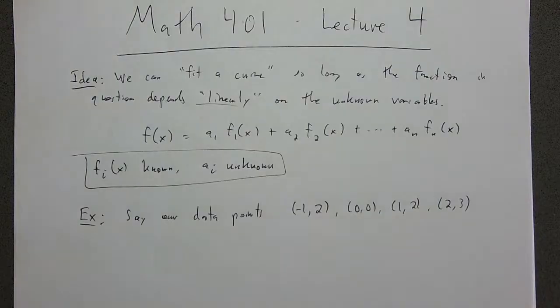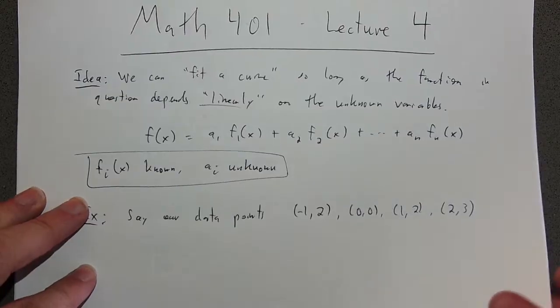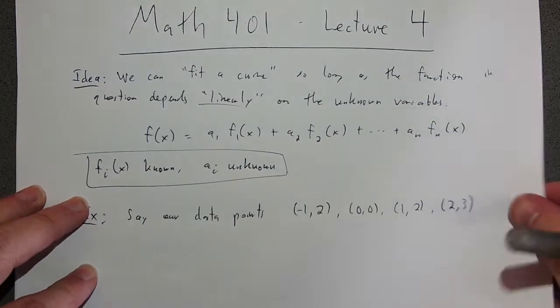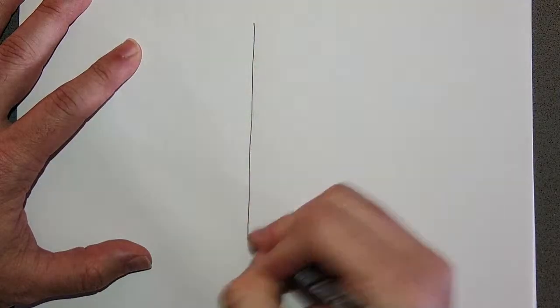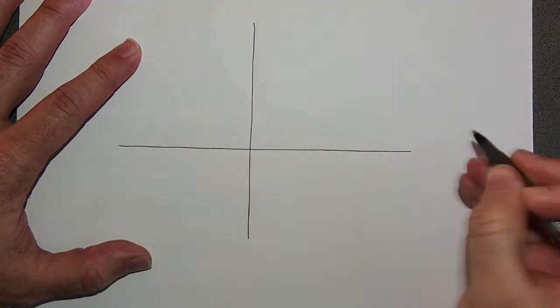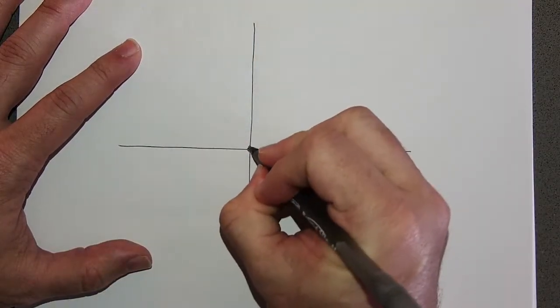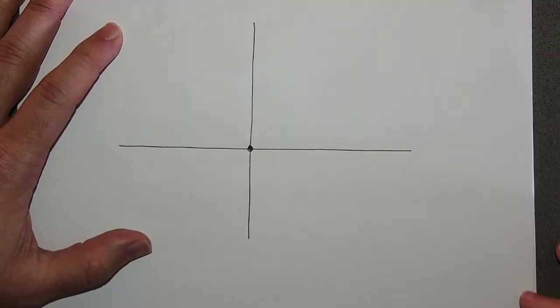Let's see what these actually look like if I plot these. One of them is the origin, 0, 0.